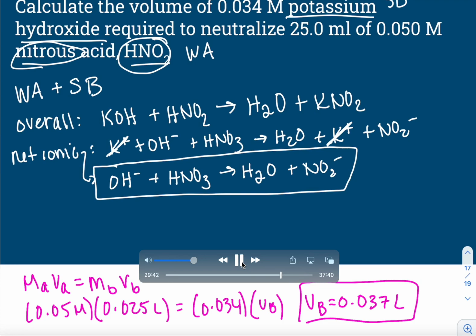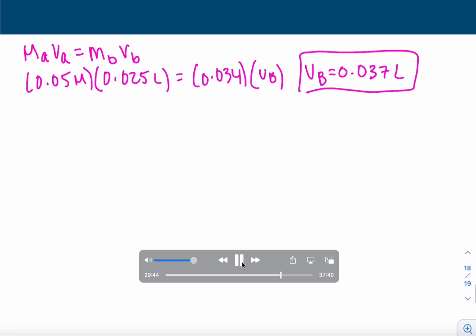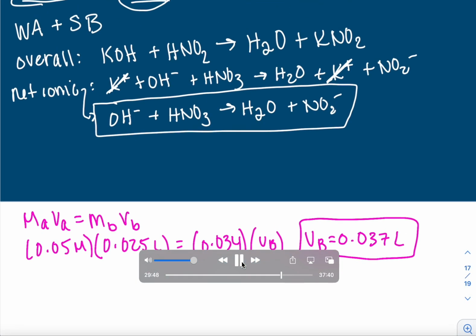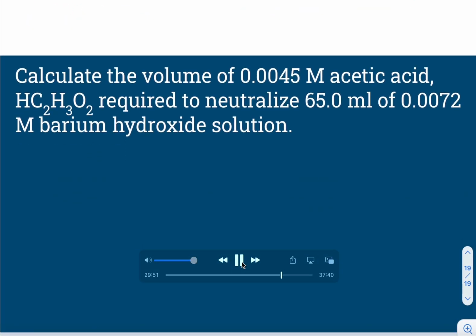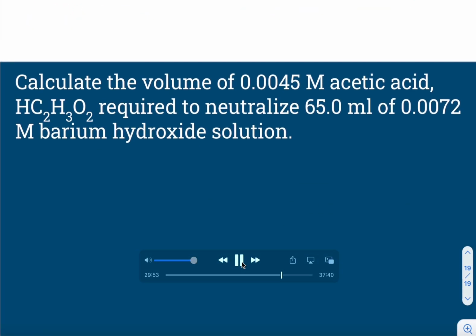So let's do one more, and then I'll also prove why it works. I won't bother going through all of the stoichiometry for this, but I will prove that it works when one of them is weak with this one.